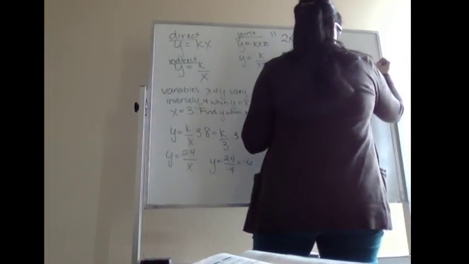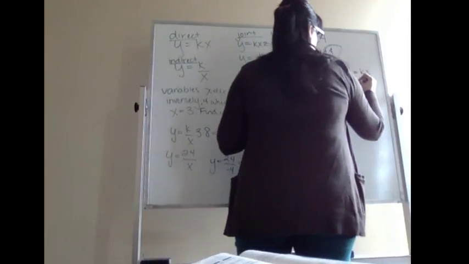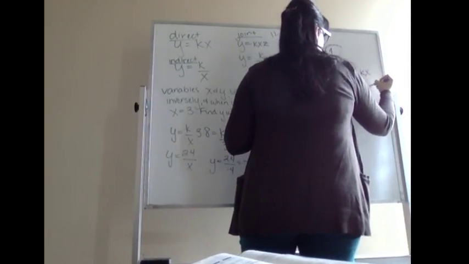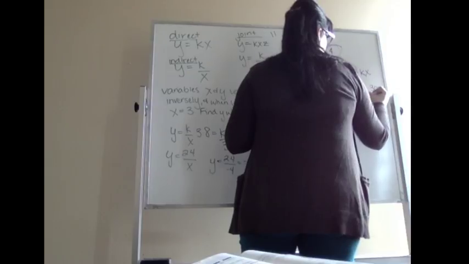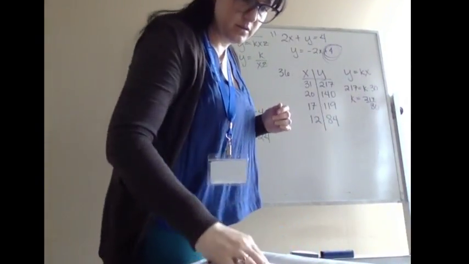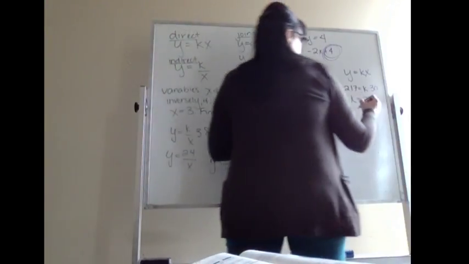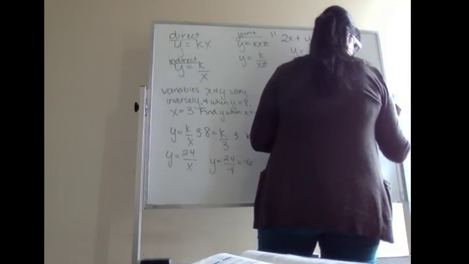So, direct is y equals k times x. So to get from here to here, 217 equals k times 30. So k would be equal to 217 divided by 30. I'll grab my calculator. So for this one, k is 7.23 repeating.